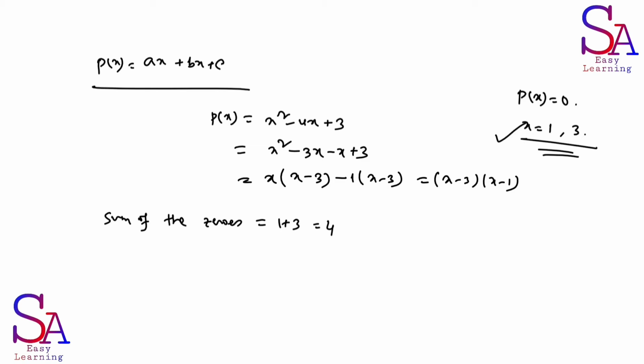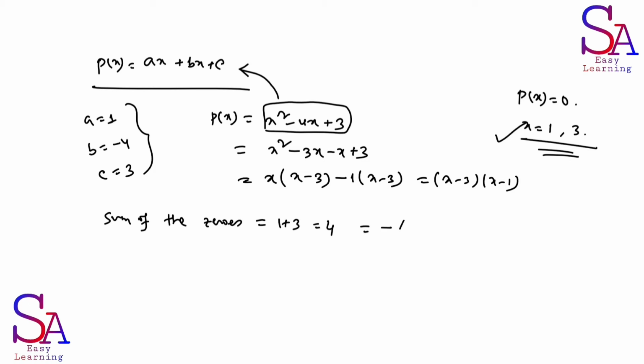Now you see, here the polynomial is this, and if we compare, we find a equal to 1, b equal to minus 4 and c equal to 3. So 4 can be written as minus of minus 4, since minus minus is plus.